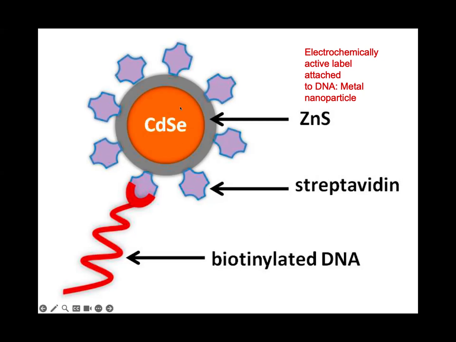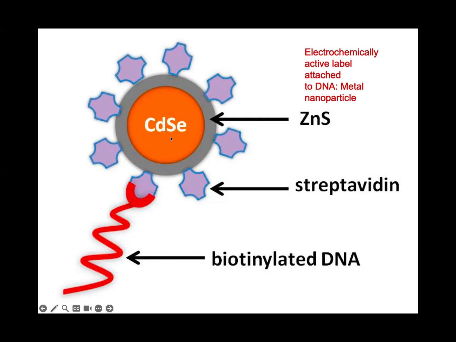Okay. So we can label the DNA by using biotinylated DNA, and then we can react the biotinylated DNA with streptavidin metal nanoparticle. Okay, so this is quite common chemistry. Biotin with streptavidin.